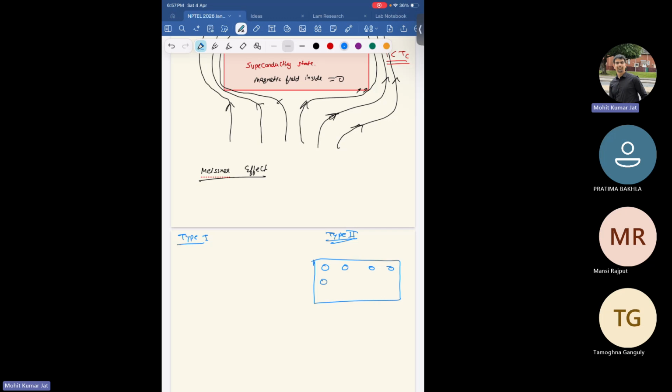You can think of it like, to expel the magnetic field, it develops these rings, these tiny magnet-like things, and through these the magnetic field threads out, and this is what you call the vortices. So there will be partial penetration in a type 2 superconductor, and in type 1 there will be complete expulsion. So there are two types of superconductors.